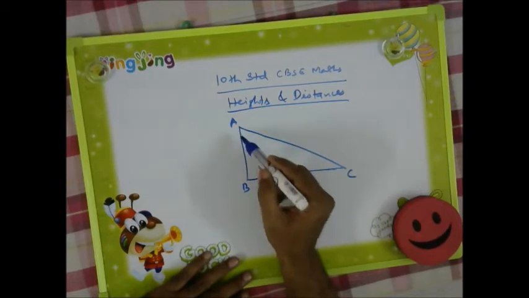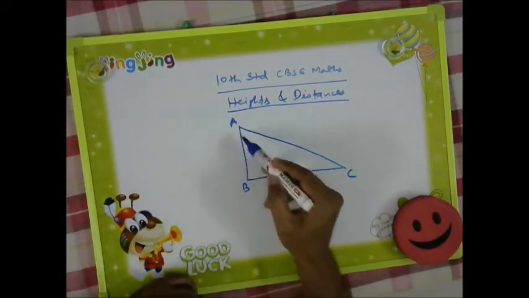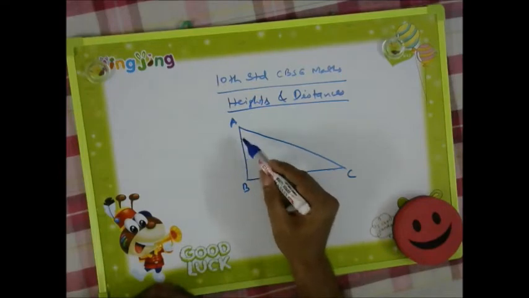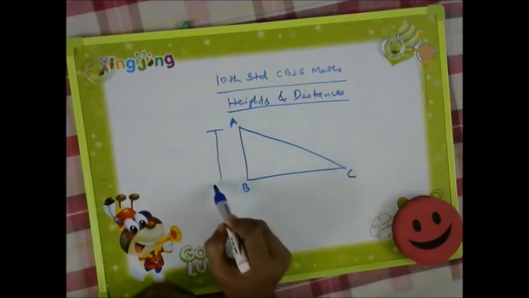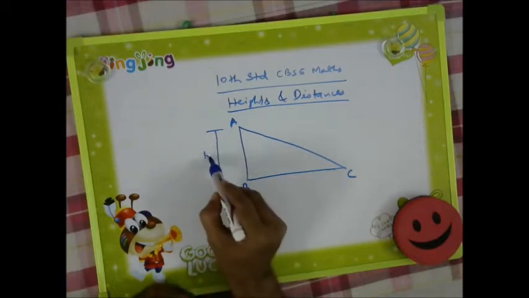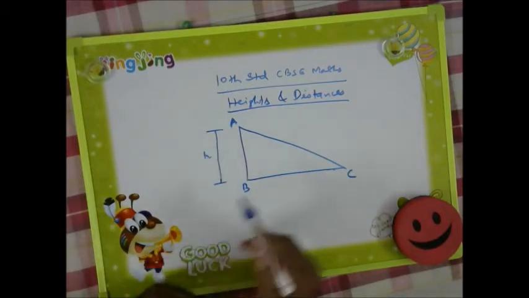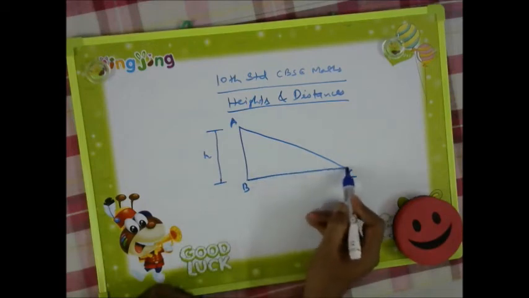So AB may be the height of a tower, AB may be the height of a building, AB may be the height of a tree. Okay, so this is actually height, H. And this is what? Distance.